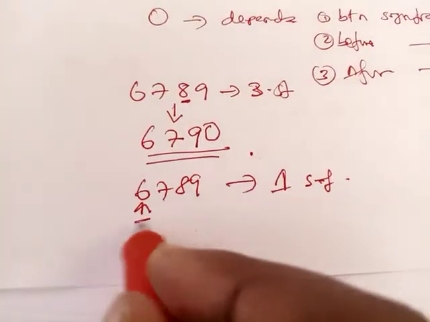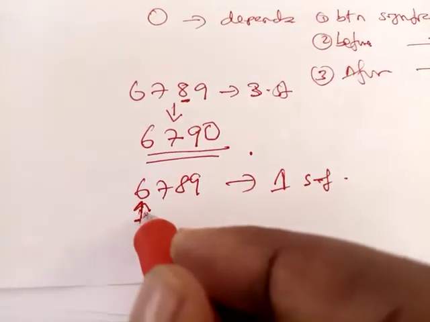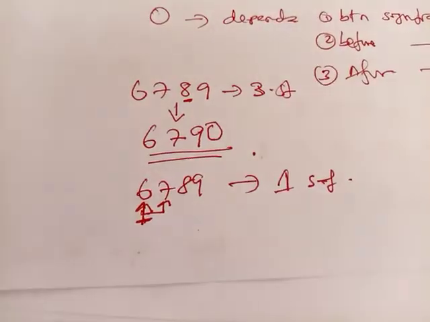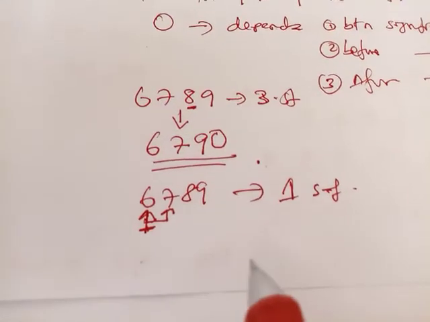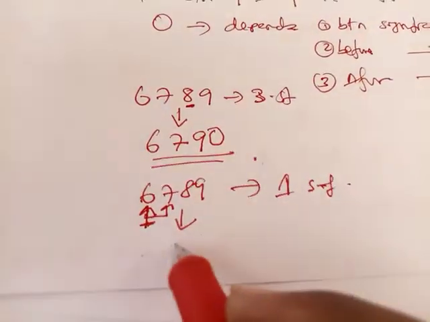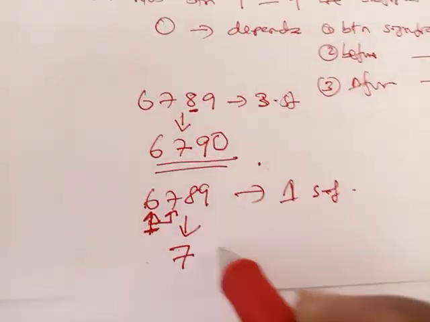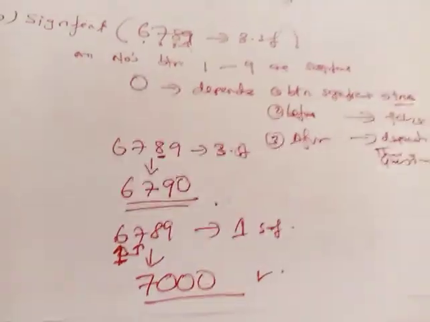So we are considering this number here, and we are subjecting this one to estimation. Then we look at the neighboring number. The second significant number there is 7. Again, it is greater than 5. So what will be the answer? It means 6 increases by 1, becomes a 7, and then zeros have to hold the place for all the other numbers. So pretty easy.